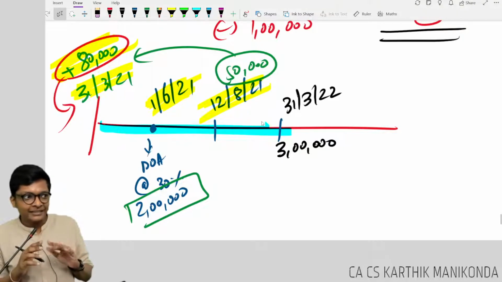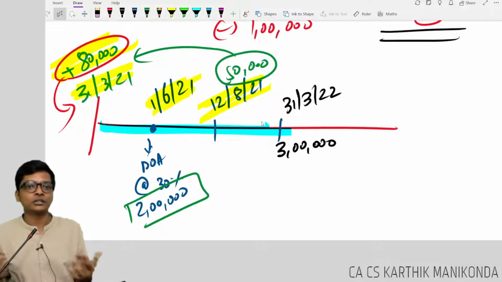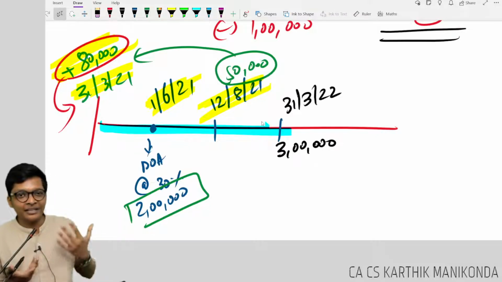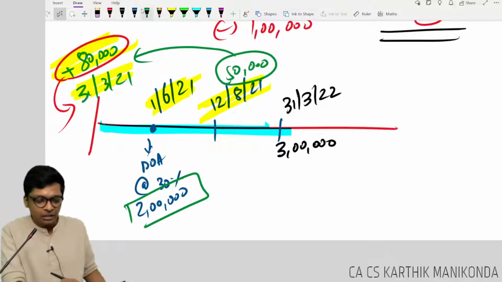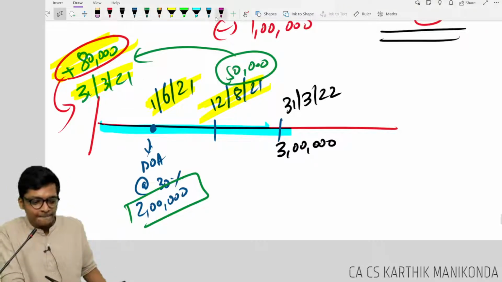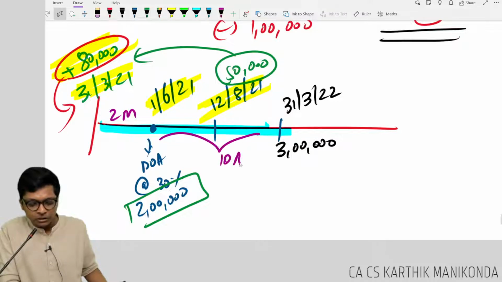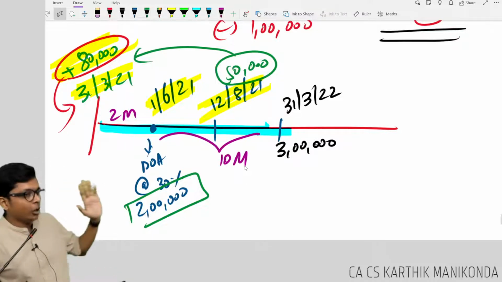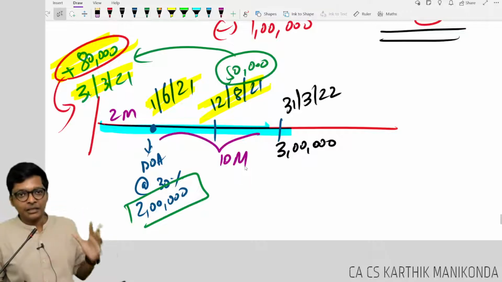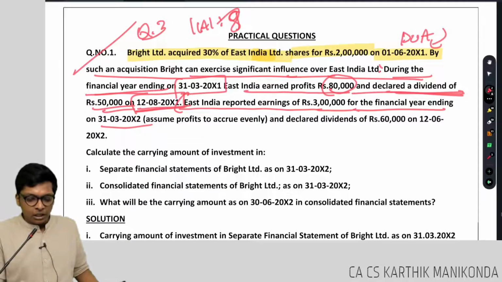Now this has pre and post. Are you following, guys? We have done so much in consolidation, this is nothing. So how many months are pre? 2 months. How many months are post? 10 months. Like this, if we draw a timeline, nothing can come close to confusing us.